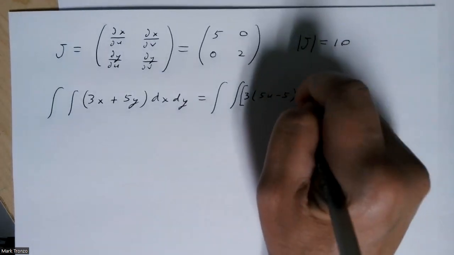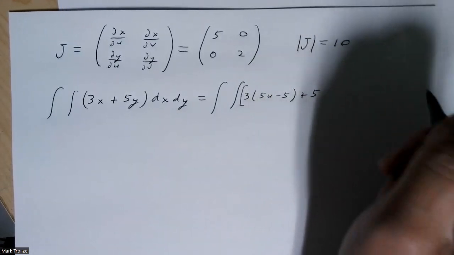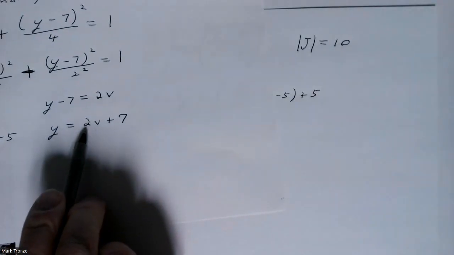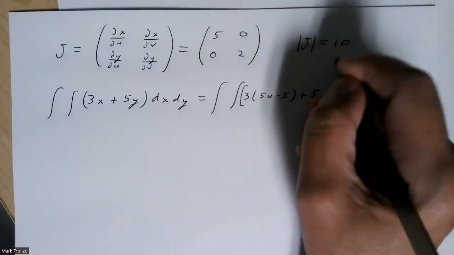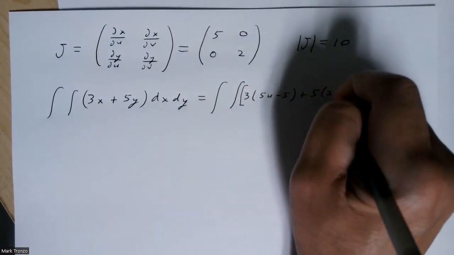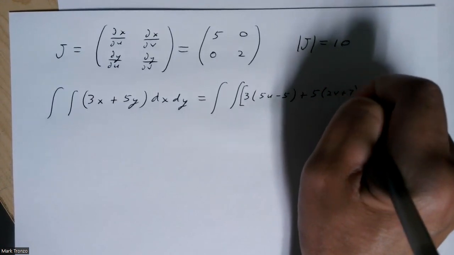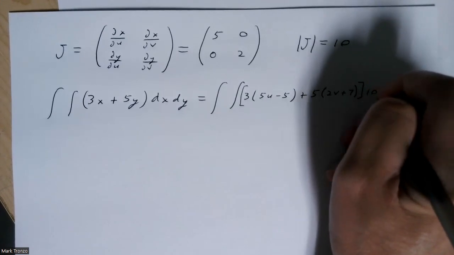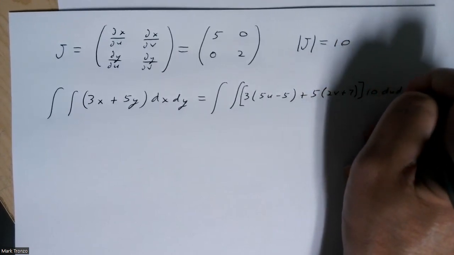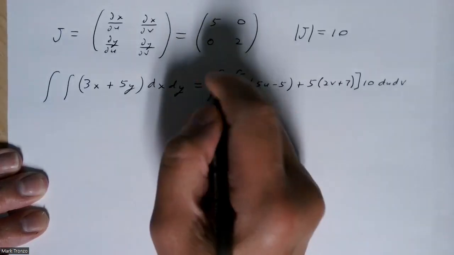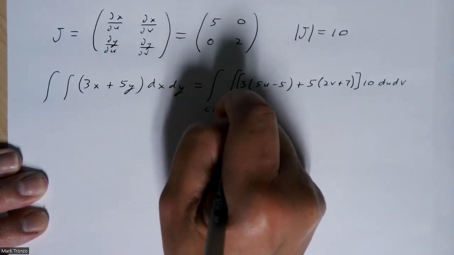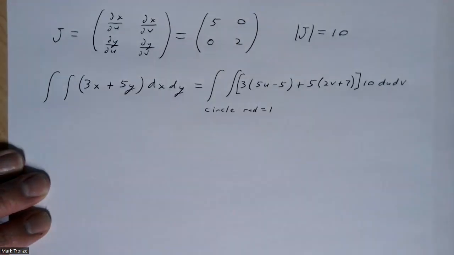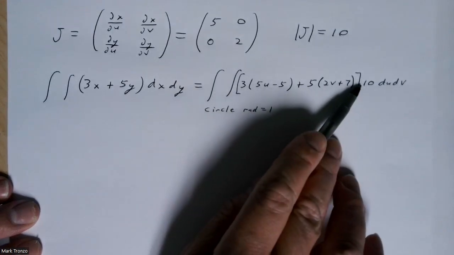And then over here for y, we're going to have y was 2v plus 7. And then the Jacobian was 10. That should be du dv. We're integrating over a circle of radius 1.